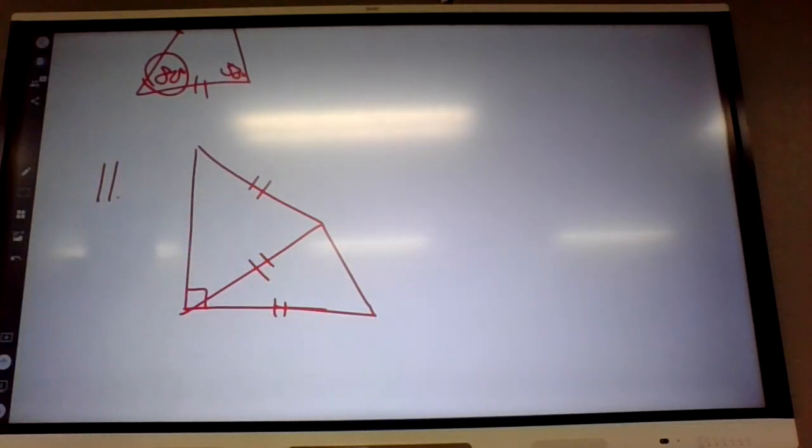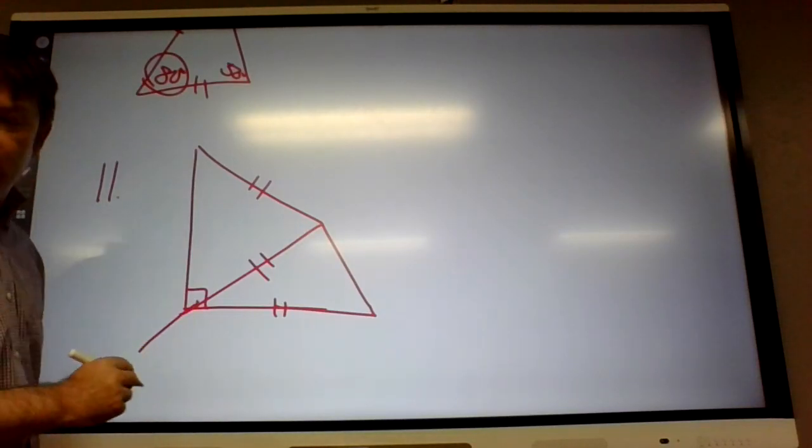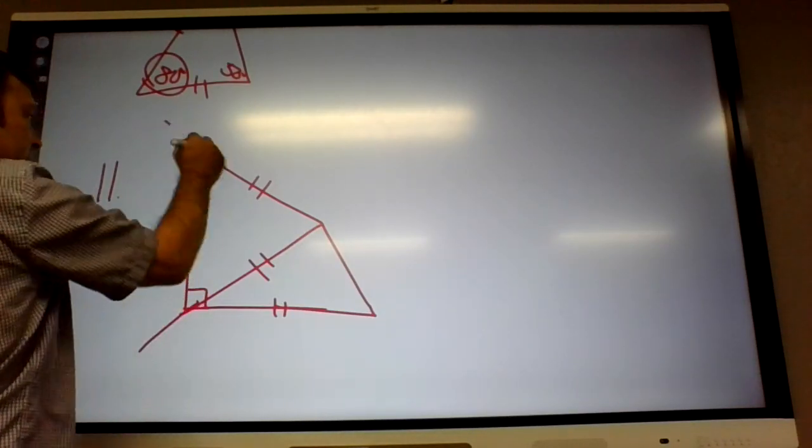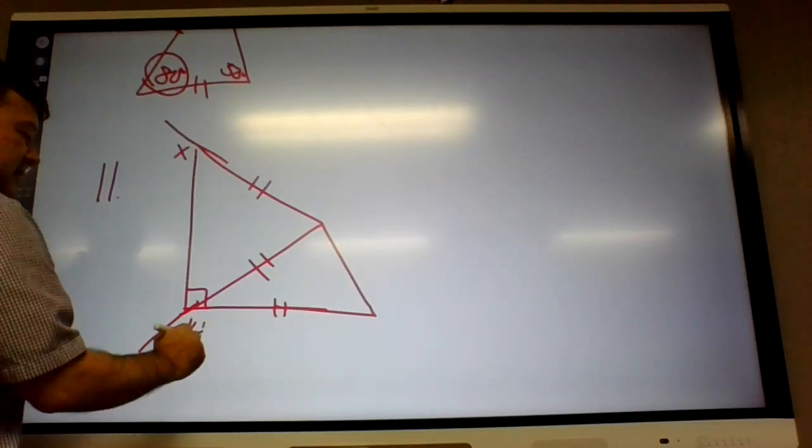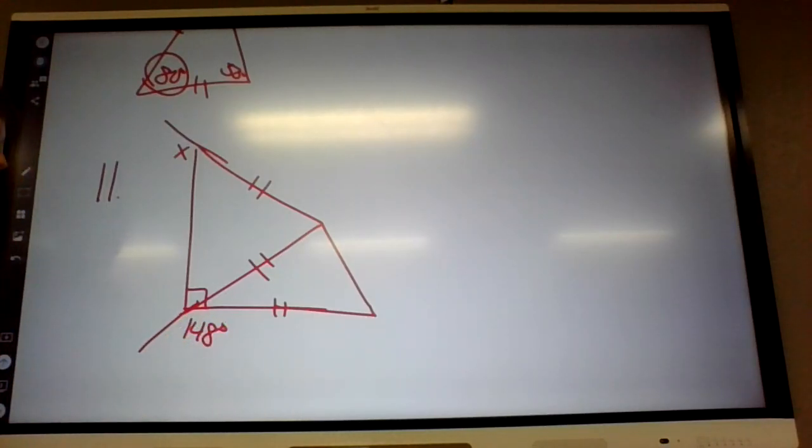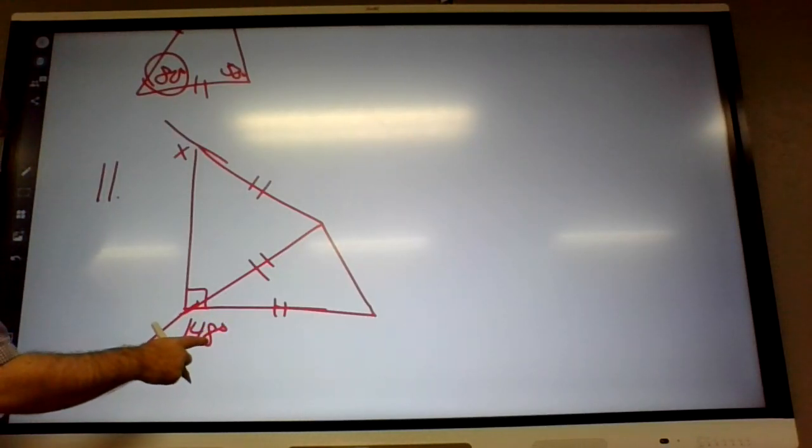These are all the same. Okay, and the one angle they give us is 148. We're looking for X. Okay, if this is, gosh, this is a mess.